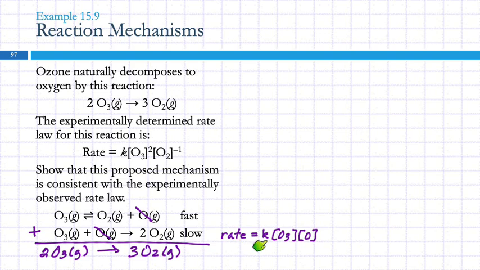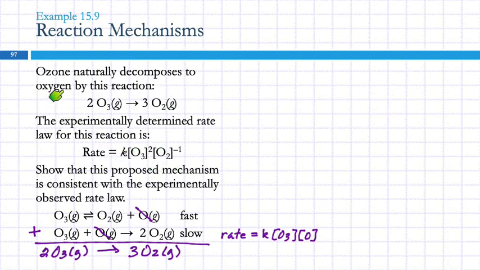Well, does this match that one? Well, no, because this has O2 in it and this has O. This is not a good overall rate law because it has an intermediate in it. It does not have only the reactants, or in this case, the products.